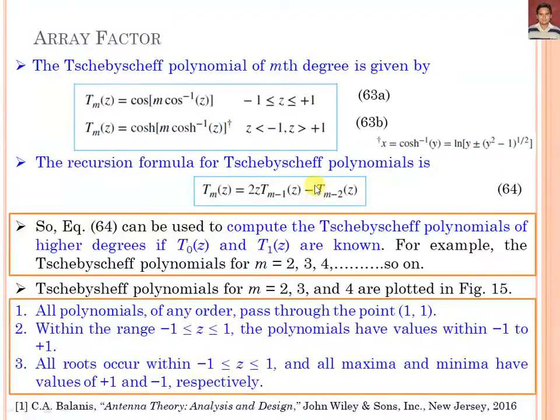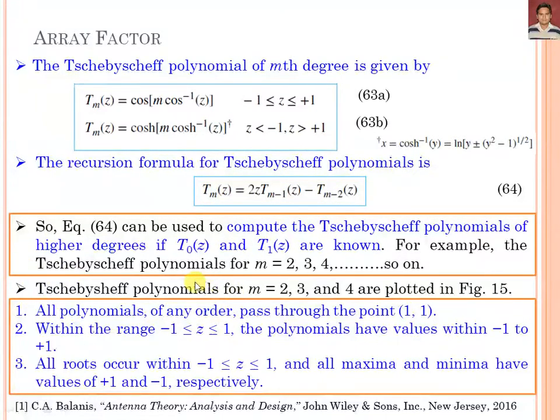In that case, we can use it for the further polynomials, I mean m equal to 2, 3, 4 and so on. So by putting these values, with T0 z and T1 z known, we use this recursive formula for the Chebyshev polynomial.